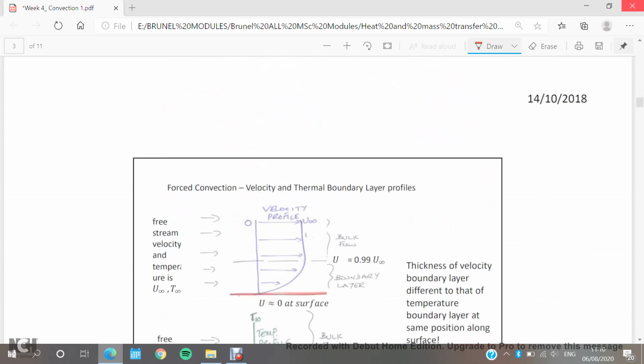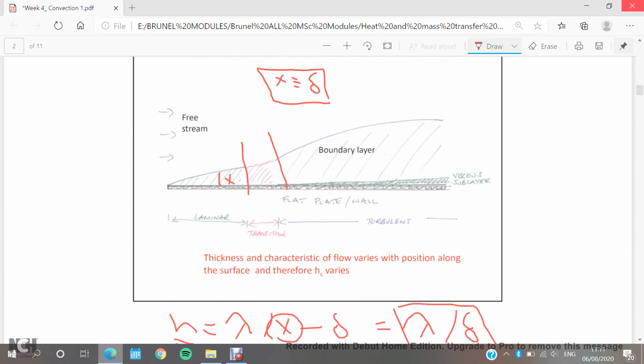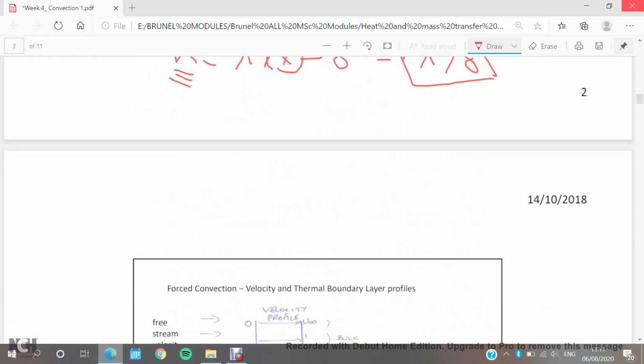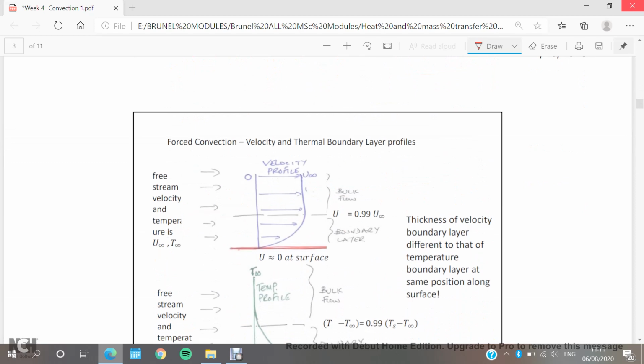Great. If we have a cross section in the laminar, transition, or turbulent region, we will find the velocity profile has this shape.